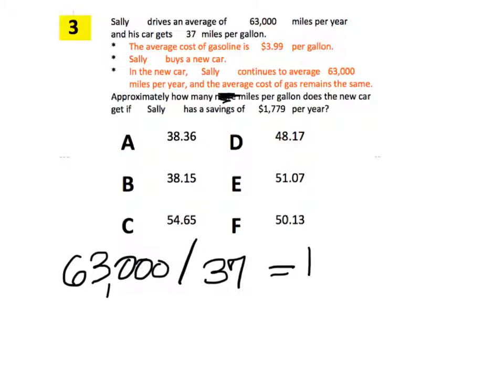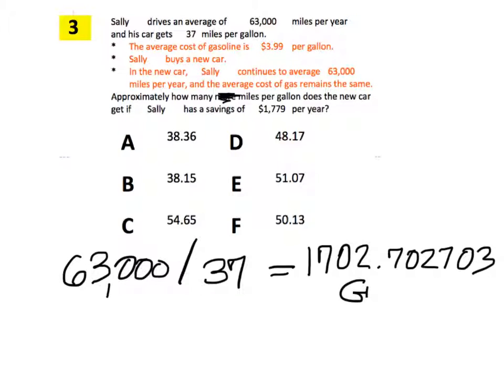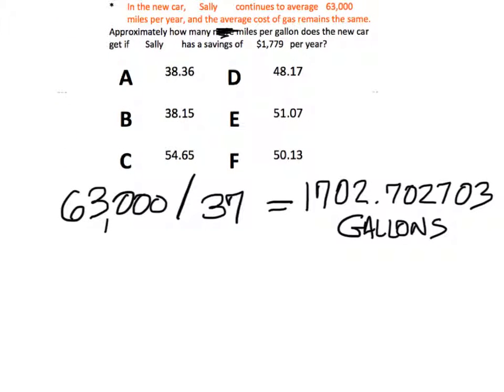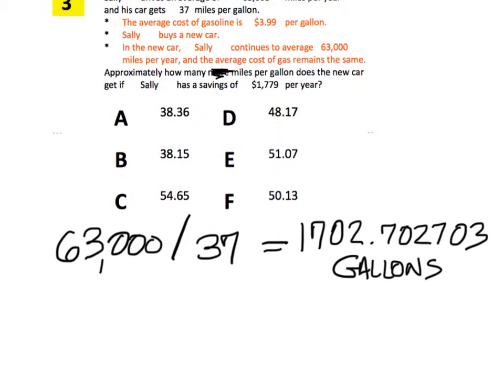gives me 1702.702703. So that's how many gallons of gas she's used. How do I find how much money she spent on gas? Divide that by 3.99. Or multiply it. Yeah, multiply it.